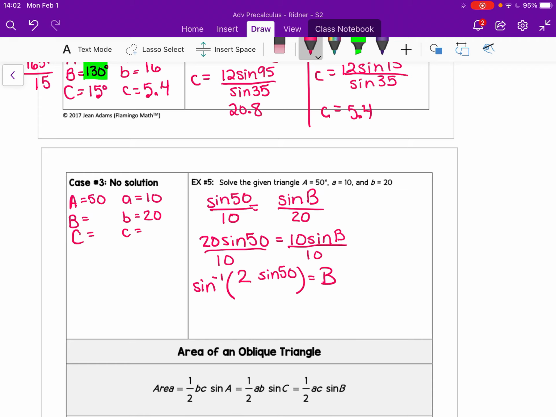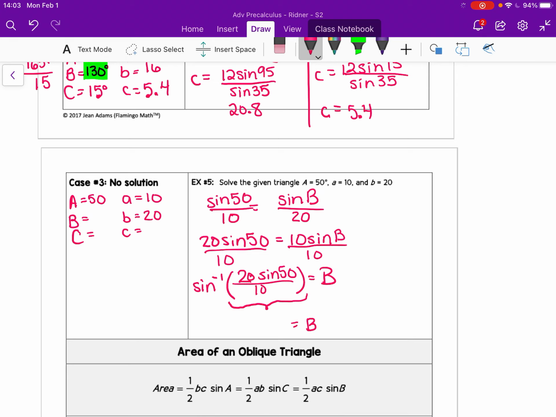Sine 50 is going to give us some type of decimal, and we're going to double it. What that's going to do is make this part right here greater than 1. If you remember, I can never find a sine inverse of a number greater than 1, and it has to do with graphing. So think about where the max was. The max was at 1, the minimum was at -1. So therefore it will not work. For those of you that are like, whoa, you just blew my mind.